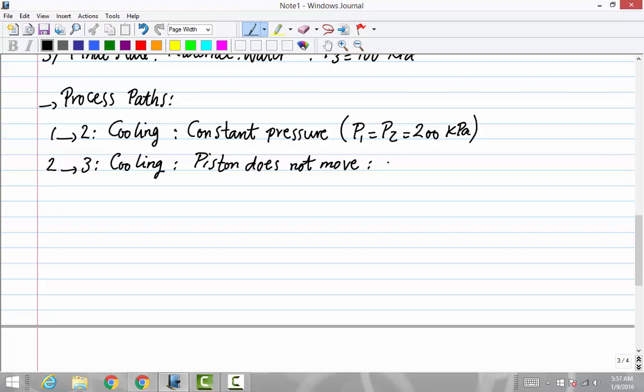Which means that the volume of my system is constant, right? So these are volumes. And do you remember that from the beginning we assumed that our system is control mass? Remember? And control mass means that the mass is not going to change.